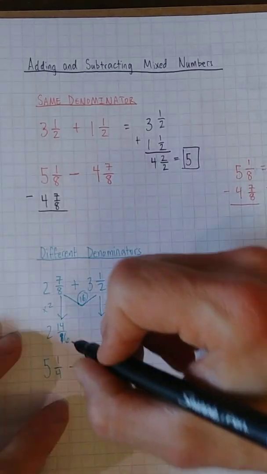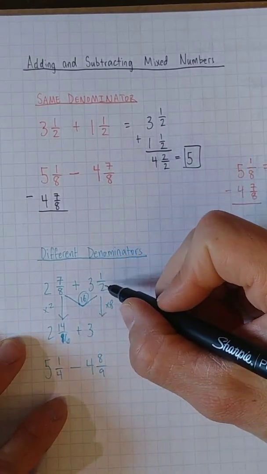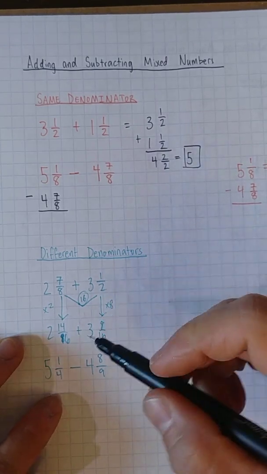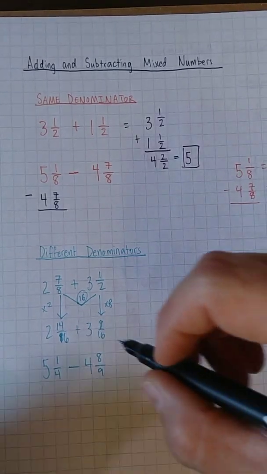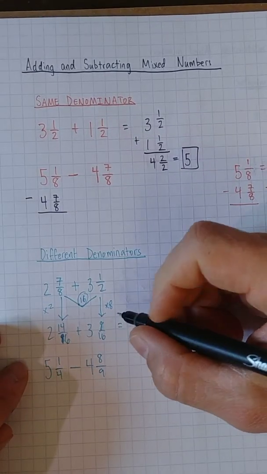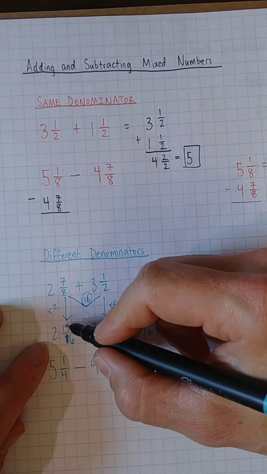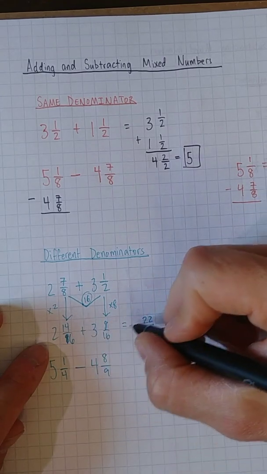The whole number doesn't change. And here it'd be 3, whole number doesn't change, and 8/16. Okay, now I'm ready to add 14/16 and 8/16 and 2 and 3. So let's see, for my 16ths, 14 plus 8 is 22, and 2 plus 3 is 5.